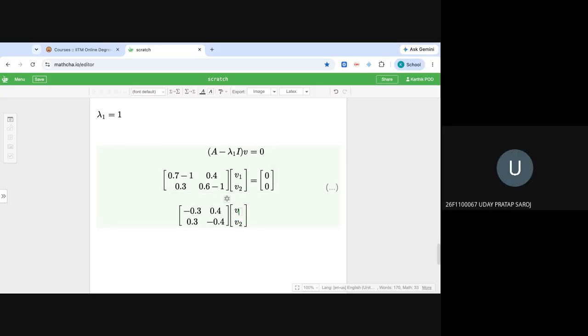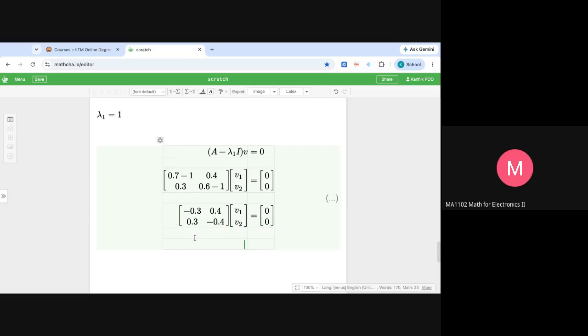Yeah, the first matrix. Okay, so that becomes that. And now we can just do elimination. What we can do is add the first row to the second row. There are multiple ways to do this.